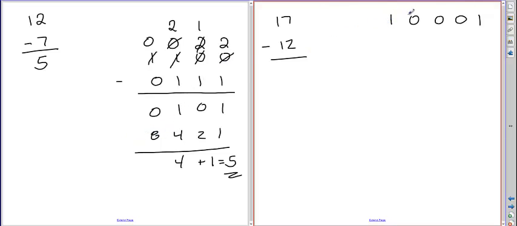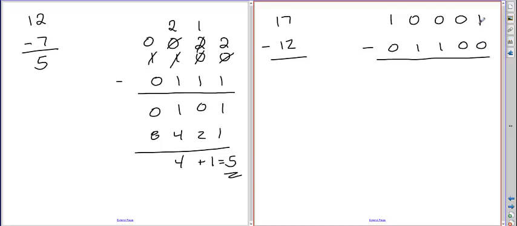So you have 16 plus 0 plus 0 plus 0 plus 1. That's 17. And we already did 12 up here. 12 was 1, 1, 0, 0, starting from the 4th digit. So that's 12: 8 plus 4 plus 0 plus 0. This is 16 plus 1, which is 17.